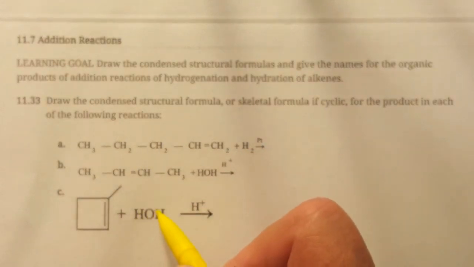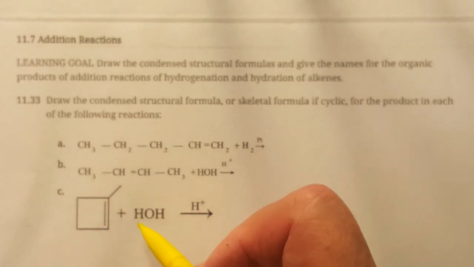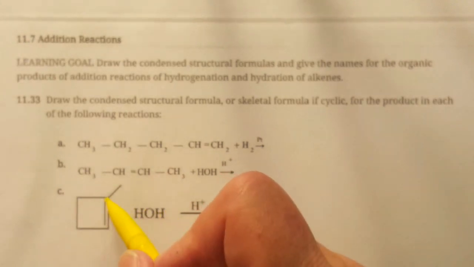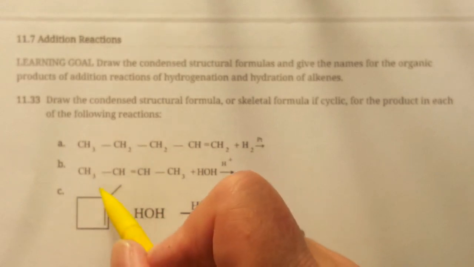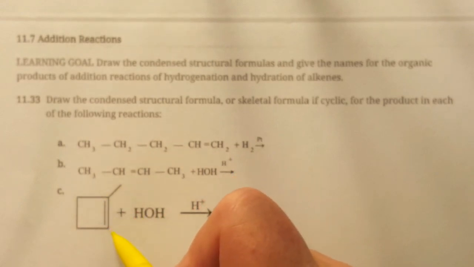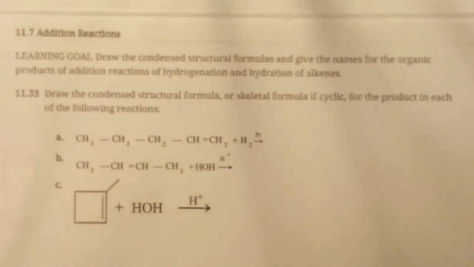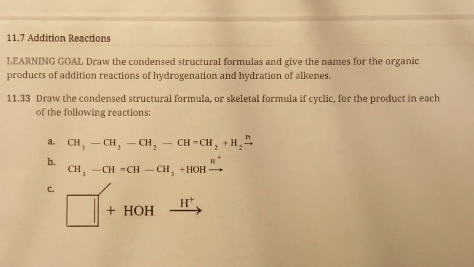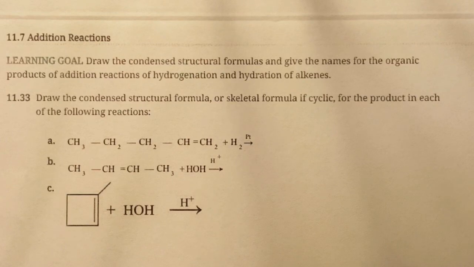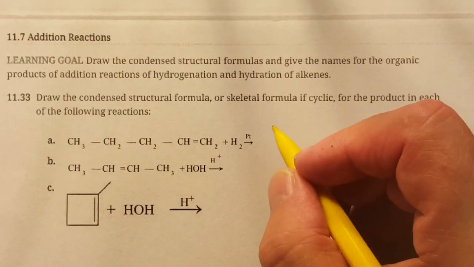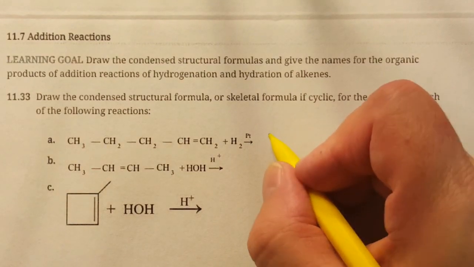And in this case, water adds across the double bond. The OH goes on the carbon that is most heavily substituted. So the OH goes on that carbon and the hydrogen goes on this carbon. So it's a simple matter of just rewriting the structures with extra hydrogens or extra water across the double bond.